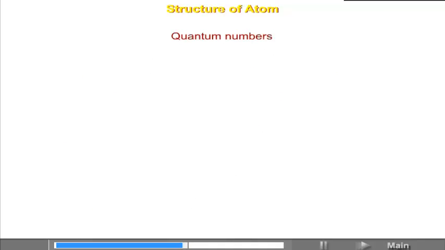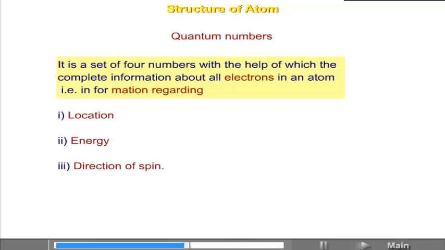Quantum numbers. It is a set of 4 numbers with the help of which complete information about all electrons in an atom can be obtained, that is, information regarding location, energy, and direction of spin.